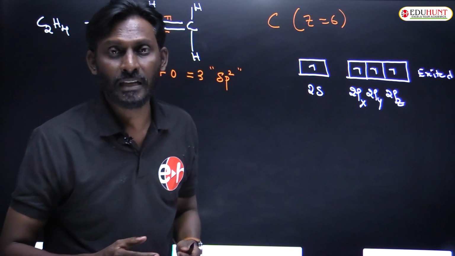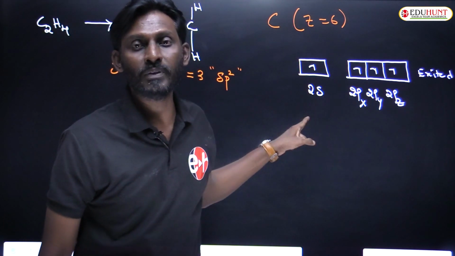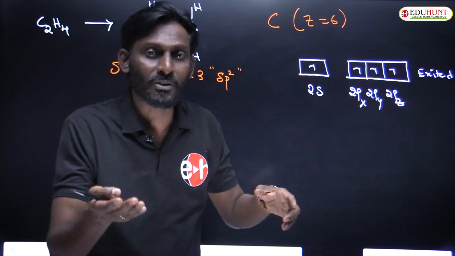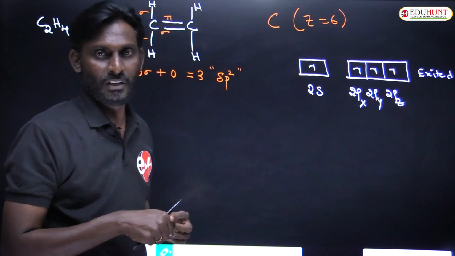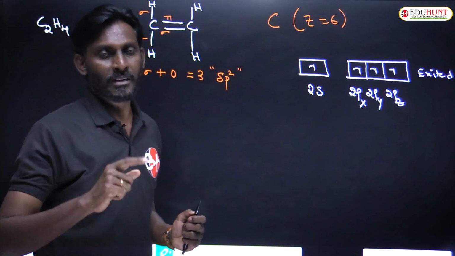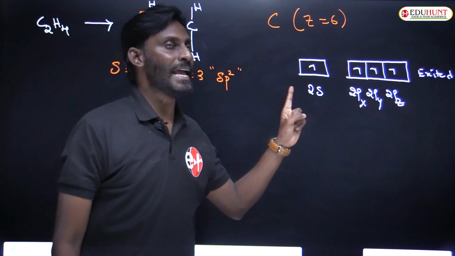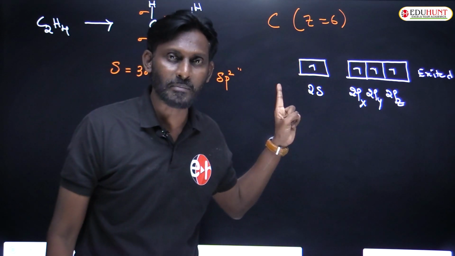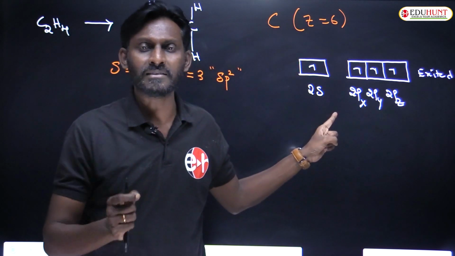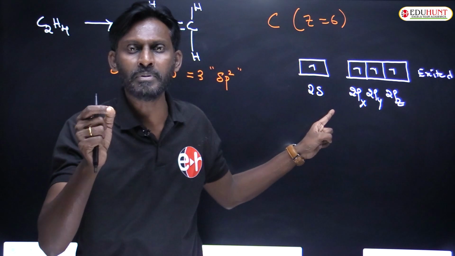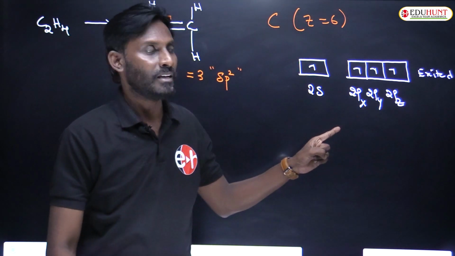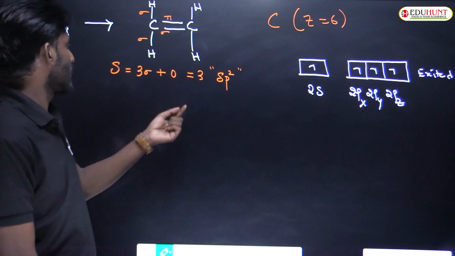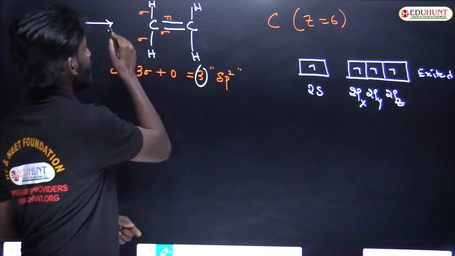Now what happens? These atomic orbitals with nearly the same energy are going to intermix to give hybrid orbitals. Now the question is, how many atomic orbitals are going to intermix here? The answer is very simple. How many hybrid orbitals do you want? We need 3 hybrid orbitals because there are 3 sigma bonds.